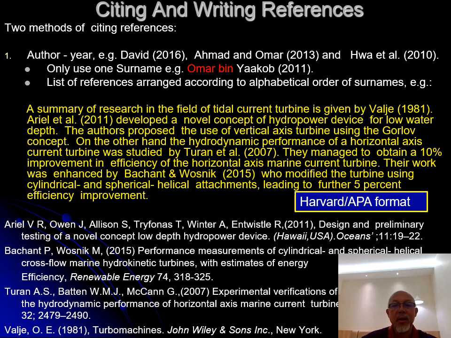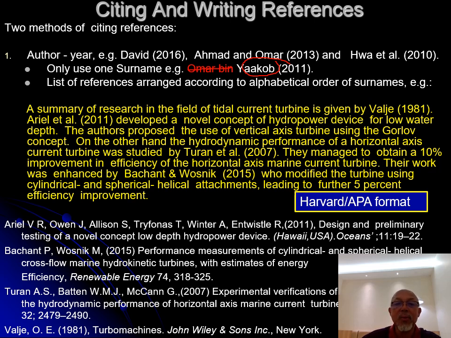So now we look at author year first. As far as author year is concerned, when you use author year, always only use the surname. So like my name, for example, Omar bin Yaakob, forget about Omar bin. You just use Yaakob. So this is how we write. If we have many names, say we have 5 names, we just use one surname. Okay, and do not use any initial. So OB Yaakob is also not correct.